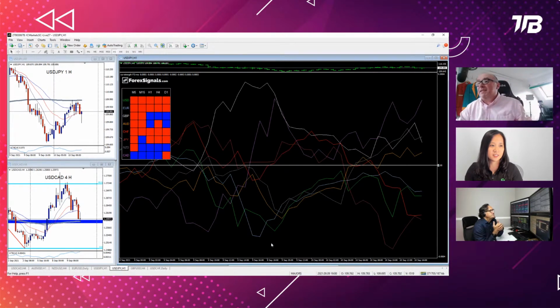CAD has been sold off significantly over the last 3 or 4 trading days. They almost took a sigh of relief when you had the Bank of Canada this week. Now I think there's going to be some short-term repositioning back into the CAD as well.